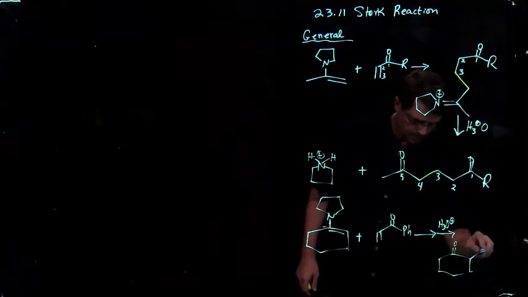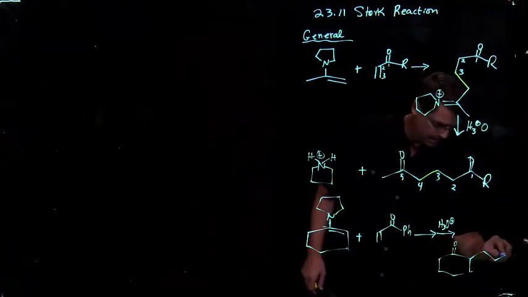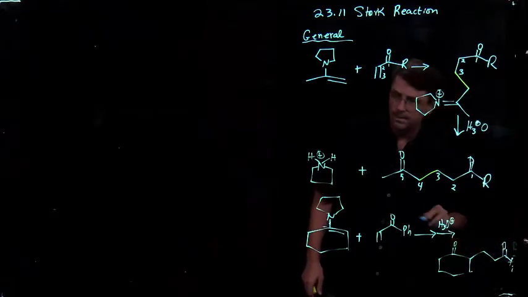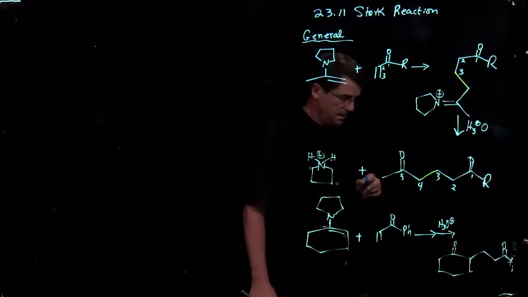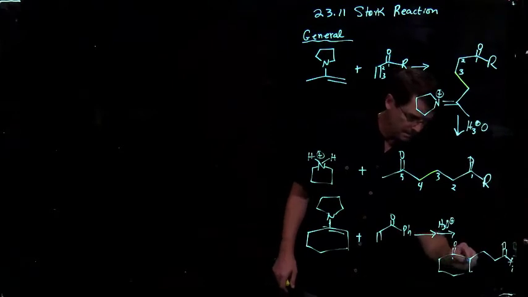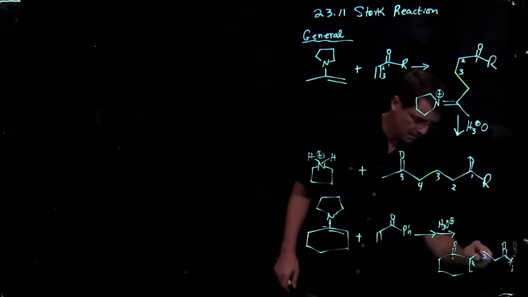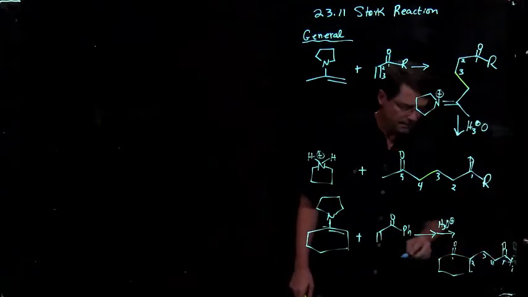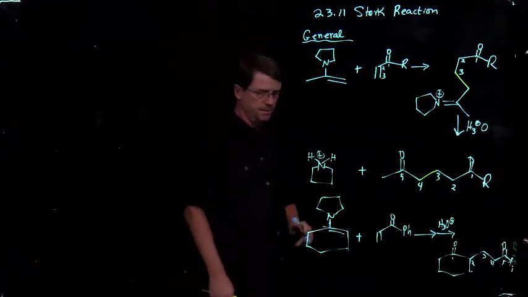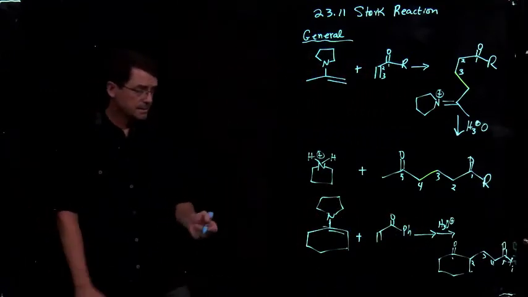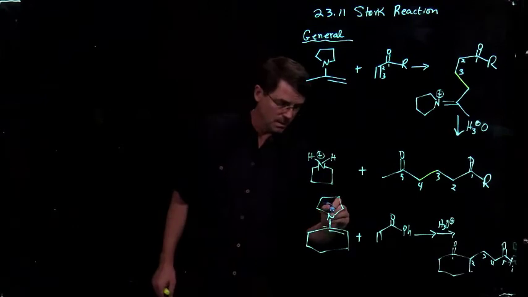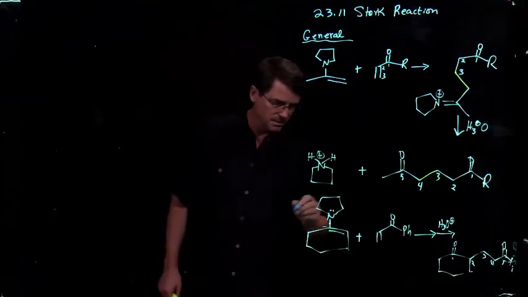Ketone, 1, 2, 3. There's the phenyl group. And again, 1, 2, 3, 4, 5. So 1,5-diketones.